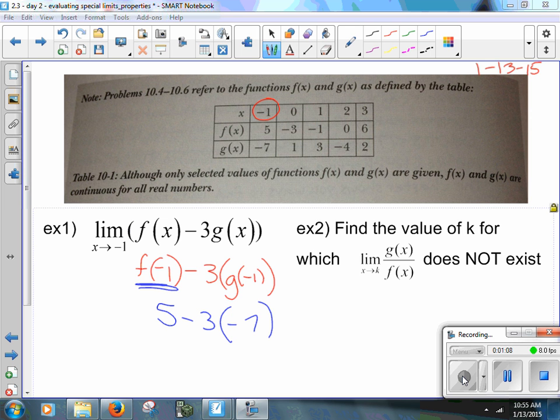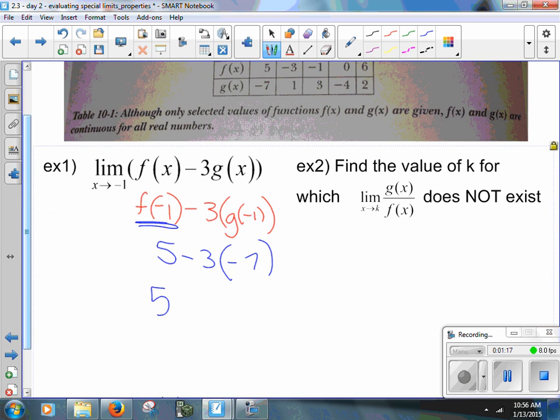Folks, figure out what that's equivalent to. 5 what? What's -3 times -7? Plus 21. 5 plus 21 is 26. If I give you a table like that, would you be able to cipher it? It's kind of like a map. Would you be able to do that on your own? I hope so.